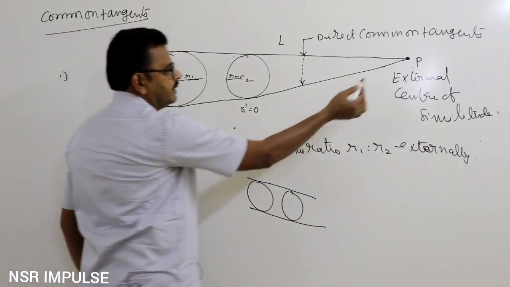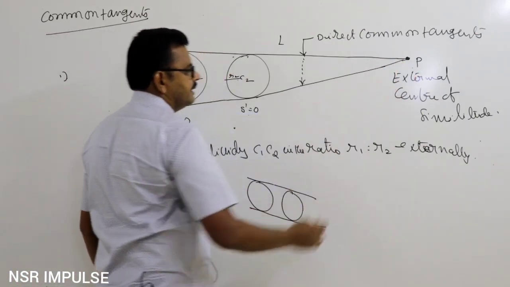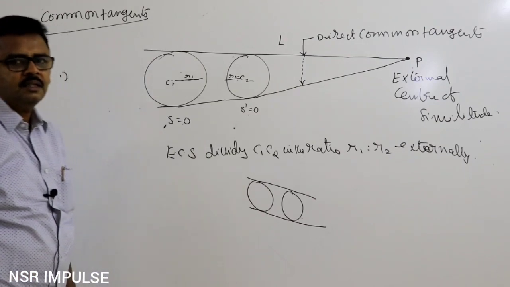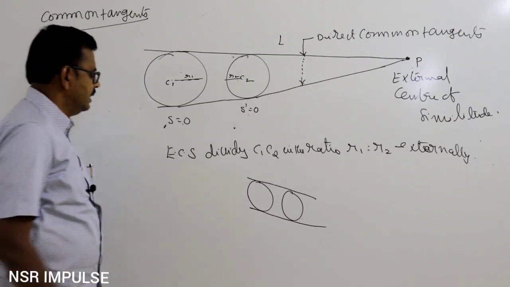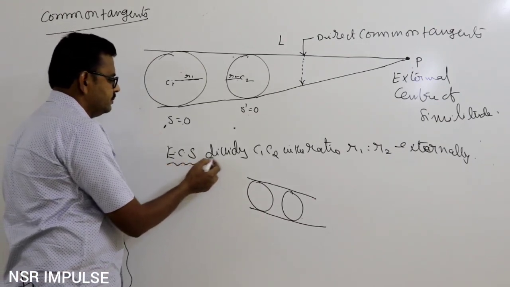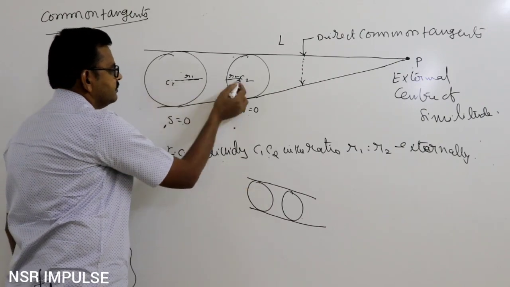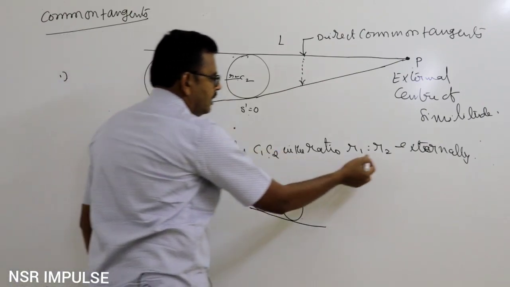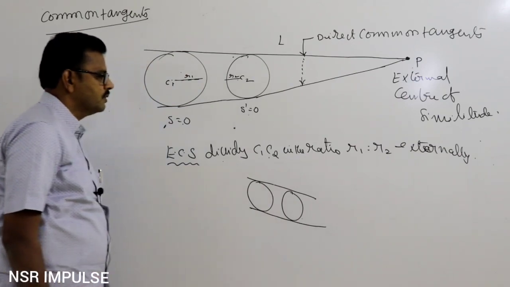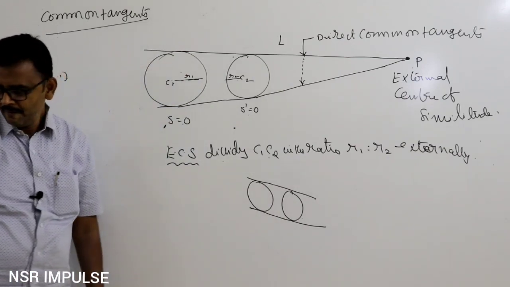So the point of intersection of direct common tangents is called the external center of similitude, and it divides C1 C2, the line of centers, in the ratio R1 is to R2 externally.